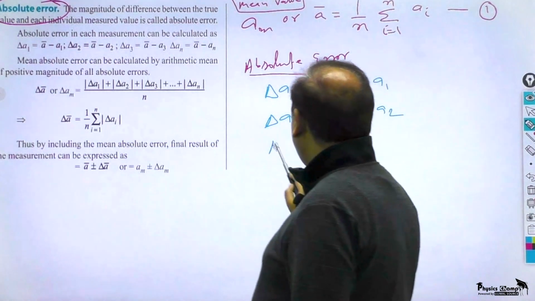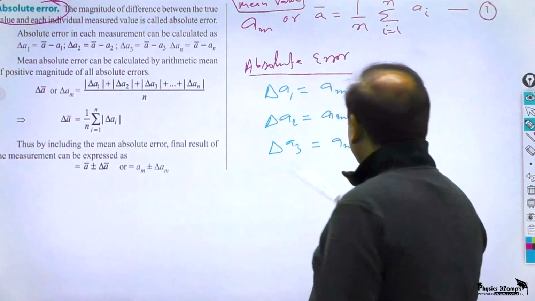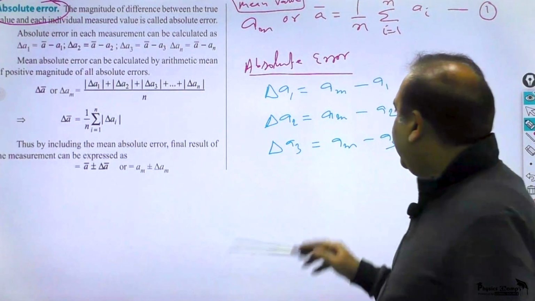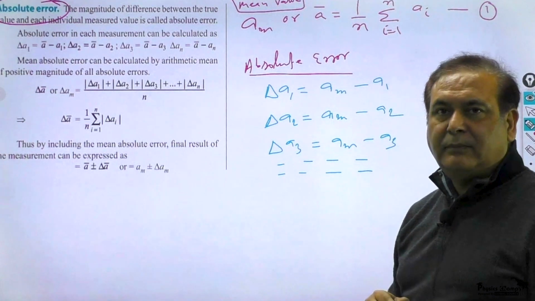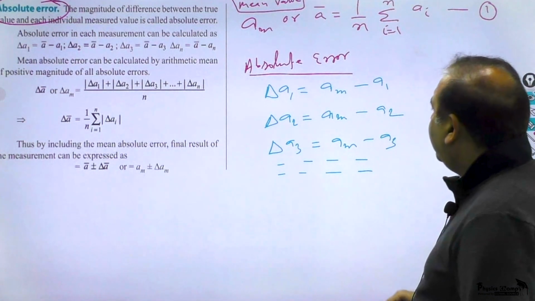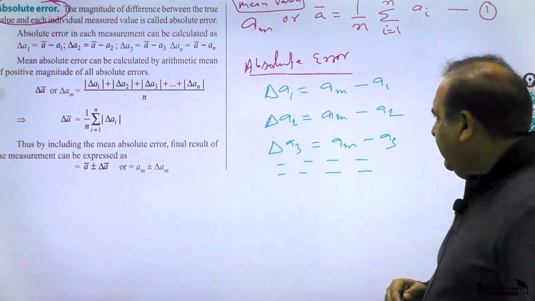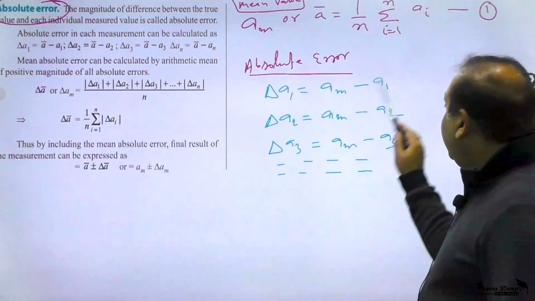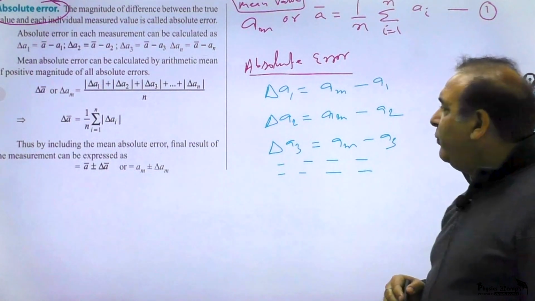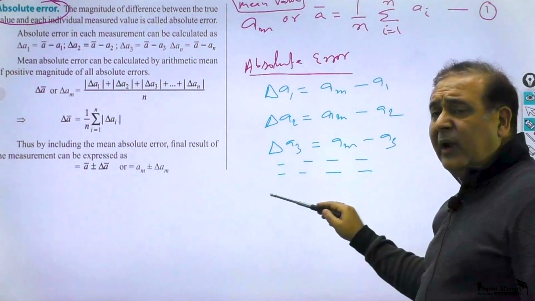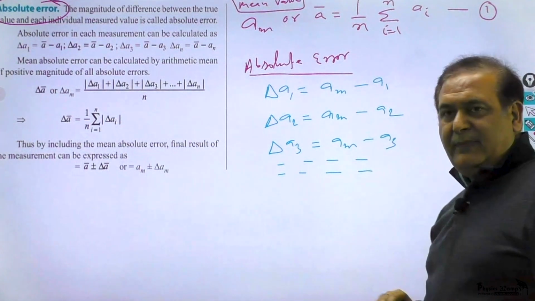The error in the third reading will be true value minus third reading, and so on. But sometimes there is a possibility that A1 is greater than AM. So when we are taking the individual errors, one can be positive or negative.